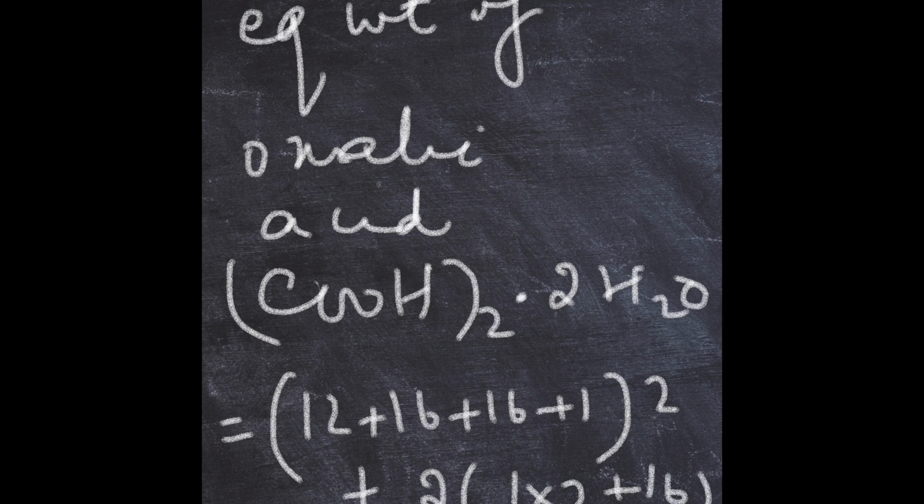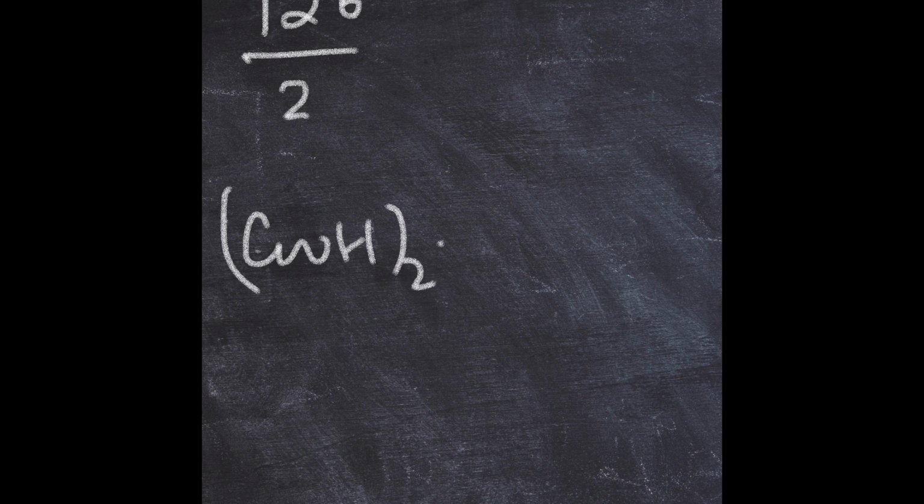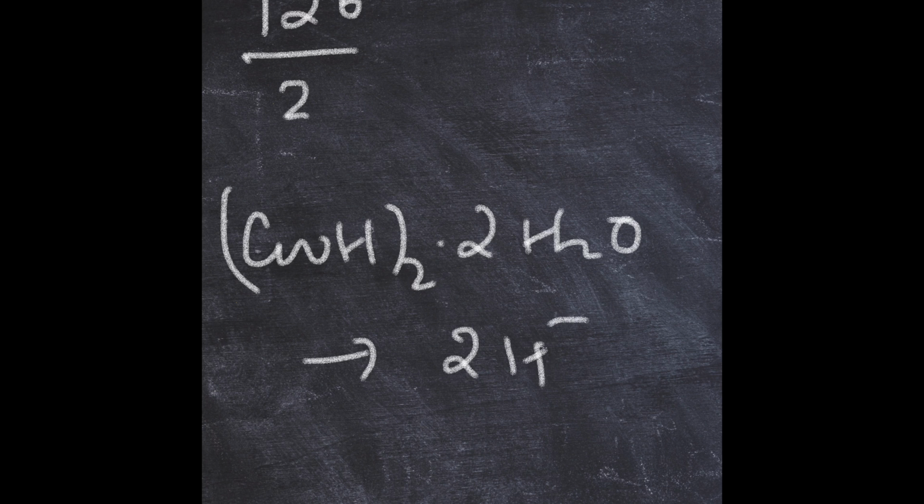So this comes out to be 126, and because its basicity is 2, it gives 2 H plus ions in solution. So we will write this as 126 divided by 2, that is 63. 63 is the equivalent weight of oxalic acid, right?